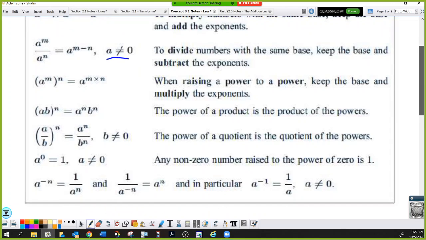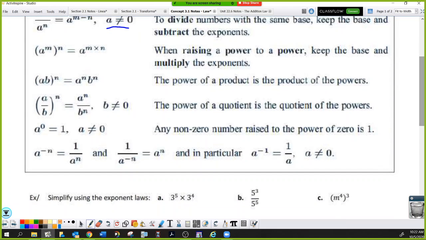The third one says, when you raise a power to a power, you multiply the exponents. So raising a power to a power multiplies the exponents. When you raise a set of parentheses to an exponent, be careful. Specifically in this set of parentheses, that a and that b are being multiplied to each other.